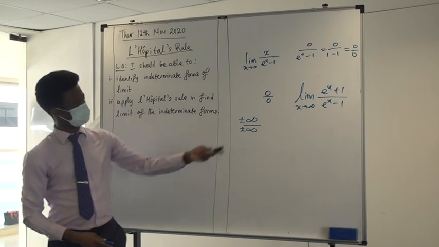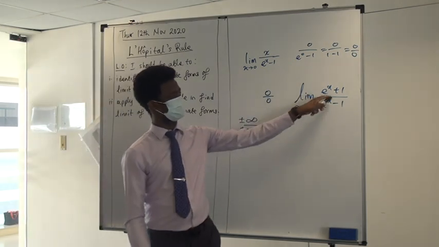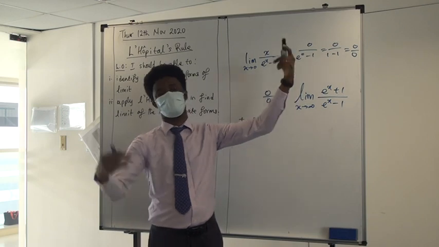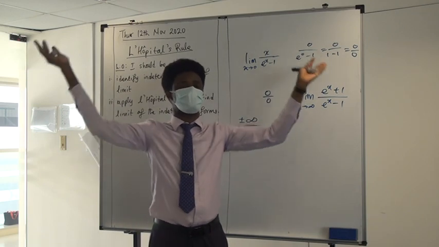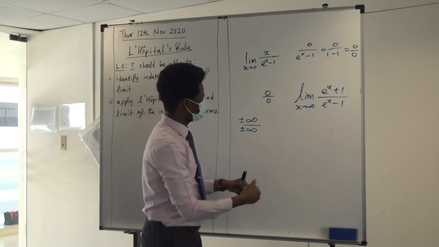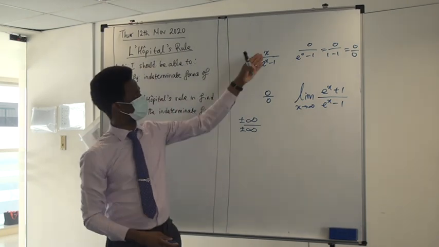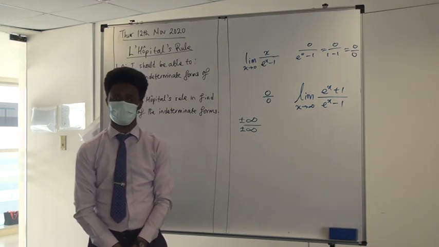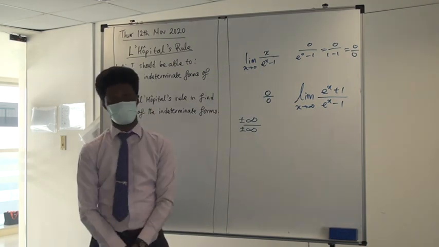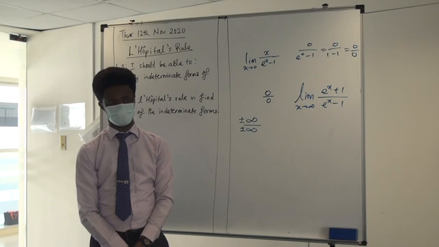Exponential x as x tends to infinity is very big. It will continue to explode. So this will give you infinity at the top, infinity below. If you try to separate the limits, this is another indeterminate form.